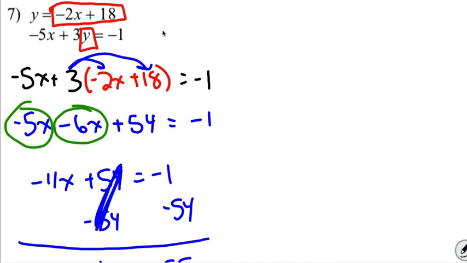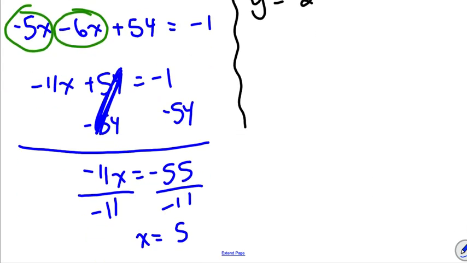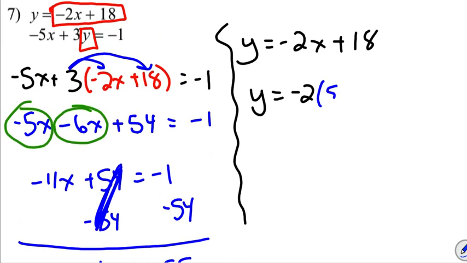Take it, plug it into our original top equation for y, or we're going to plug it in for x to solve for y, sorry, negative 2x plus 18. So y equals negative 2, x we just got 5 for, so we'll plug that in there, 5 plus 18. So what do we get?